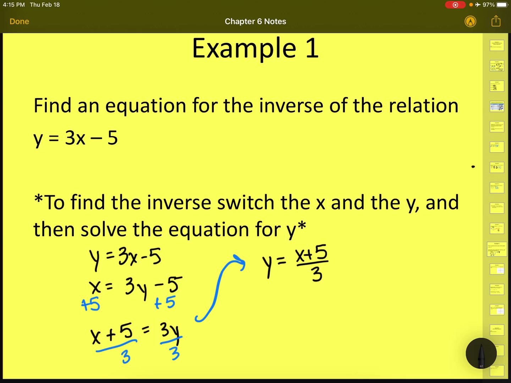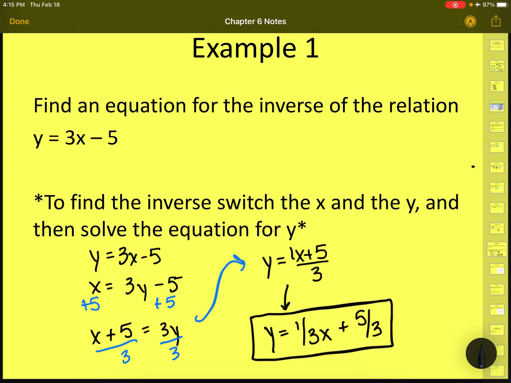But that's kind of a really weird way to write it. Let's write it in slope-intercept form. So y equals 1/3 x plus 5/3. So always rewrite it in slope-intercept form. So here's our inverse of the equation y equals 3x minus 5.